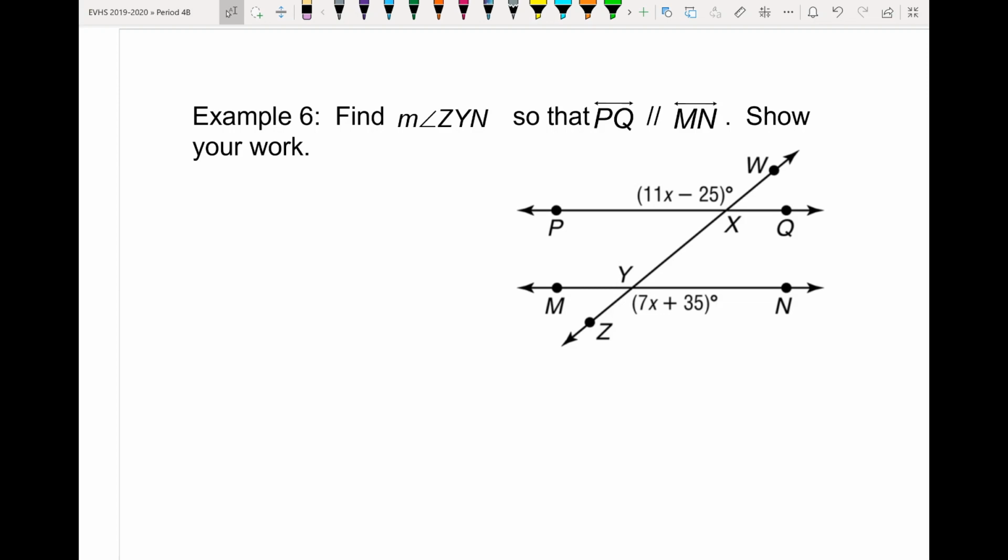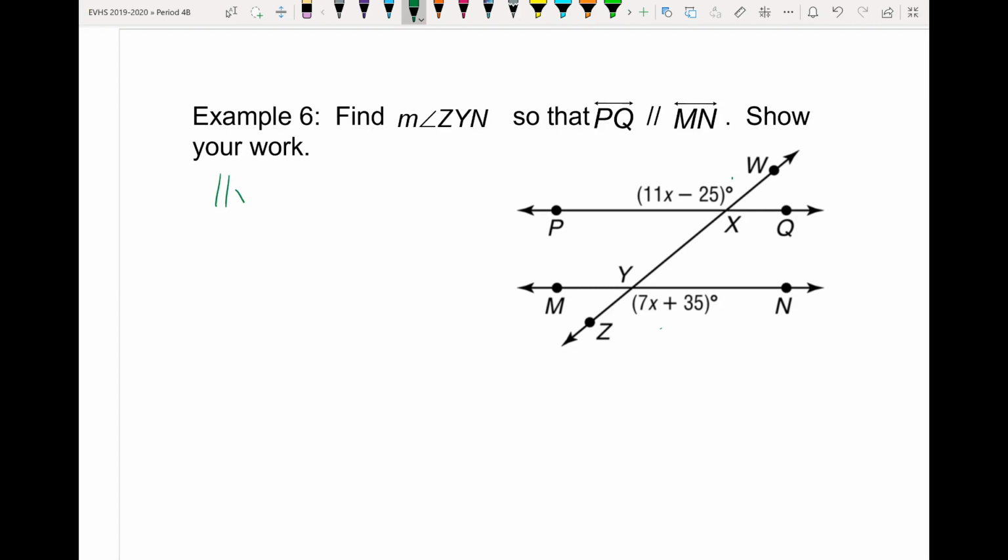Okay, similar idea, but this time with alternate exterior angles. Find the measure of the angle to force those two lines to be parallel. So what am I going to do? Find the x. But what equation am I using to find x? The alternate exterior angles are congruent.